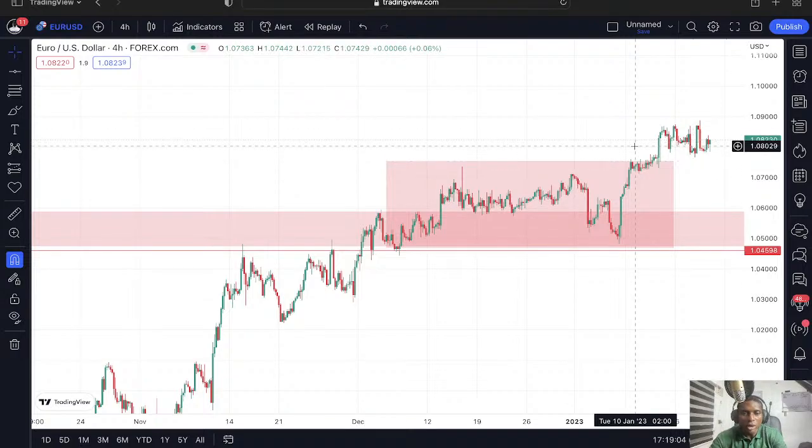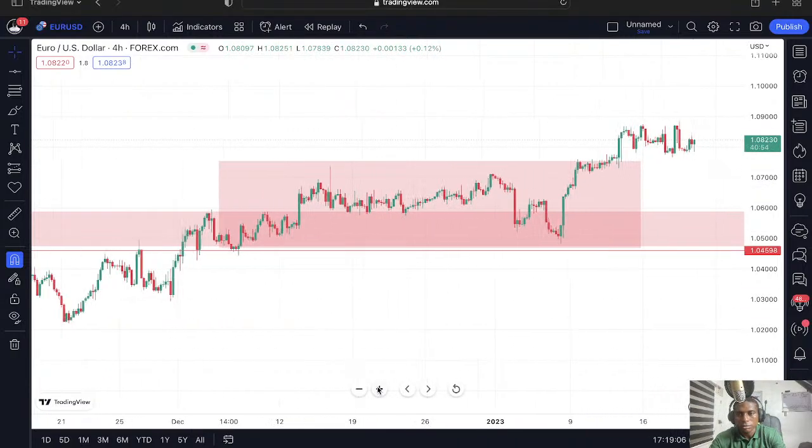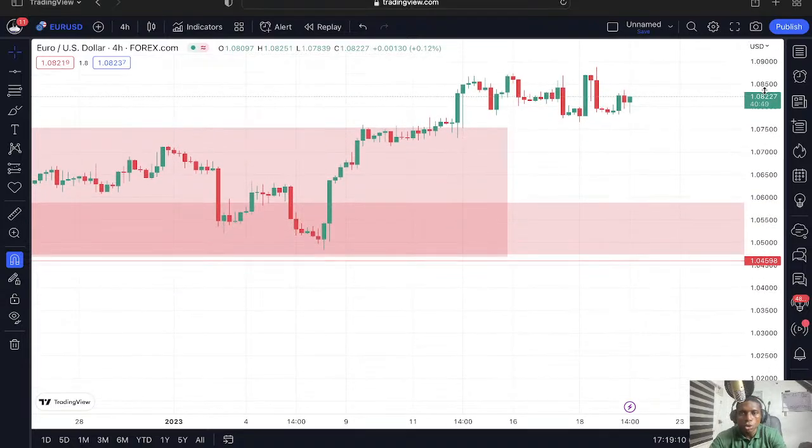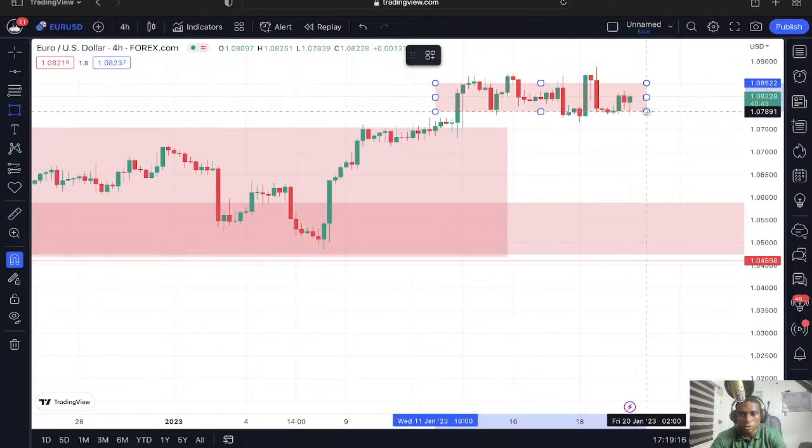So when you look closely, you will discover that price is also consolidating within this region.